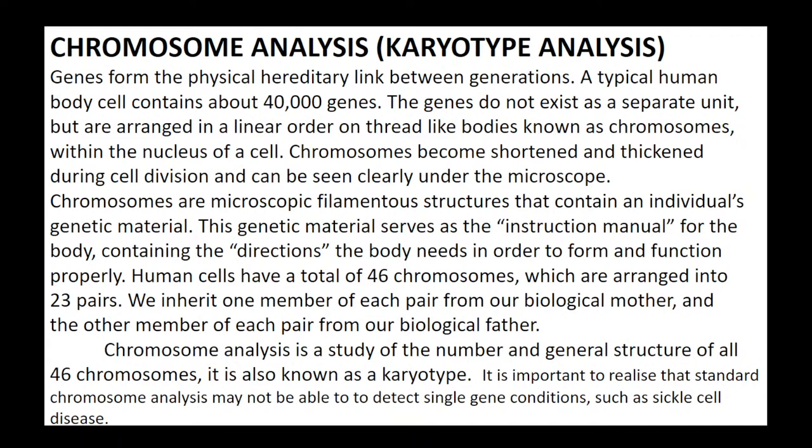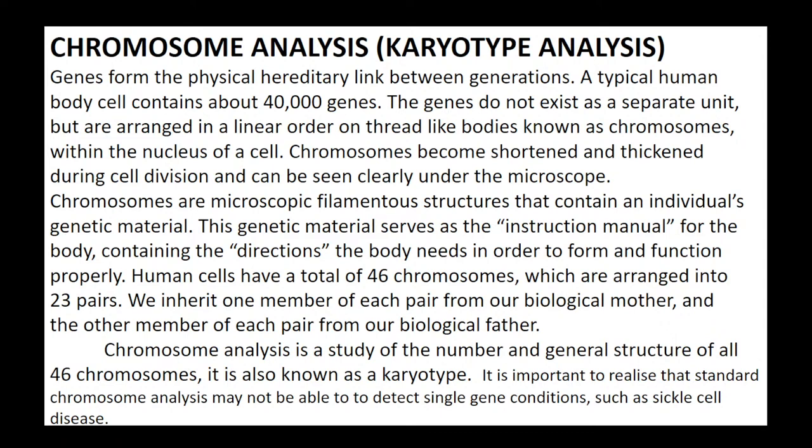We can say that these 46 chromosomes are arranged into 23 pairs, where one set of chromosomes, 23 chromosomes, we inherit from mother, and the other 23 chromosomes we inherit from father.